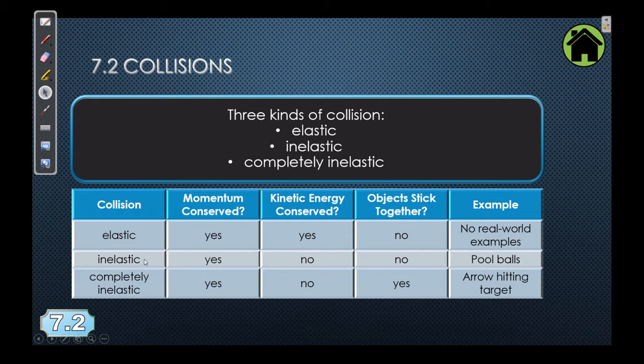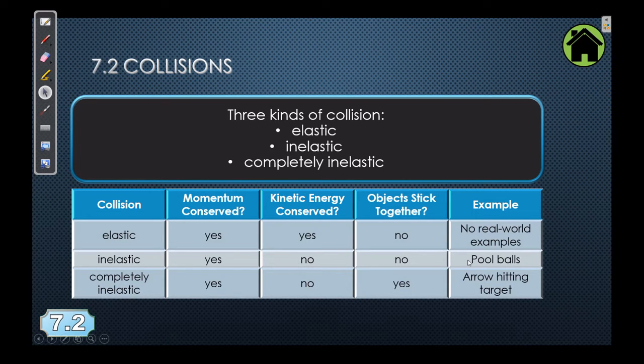An inelastic collision, which does describe real-world collisions, is one where momentum is conserved but kinetic energy is not conserved. So imagine playing a game of pool with a friend. You hit the cue ball, it strikes one of the other balls on the table, and when it does, you hear a loud clack. Well, that sound that you've heard, that is energy being transferred away from the site of the collision.